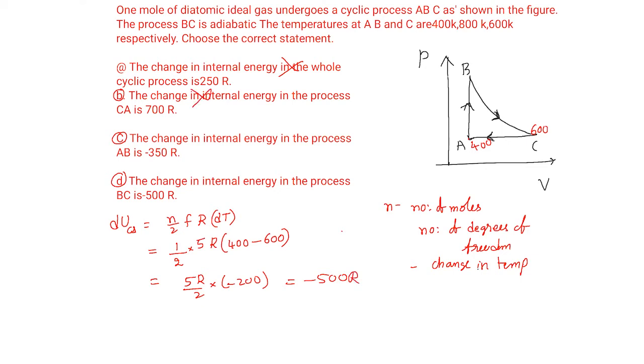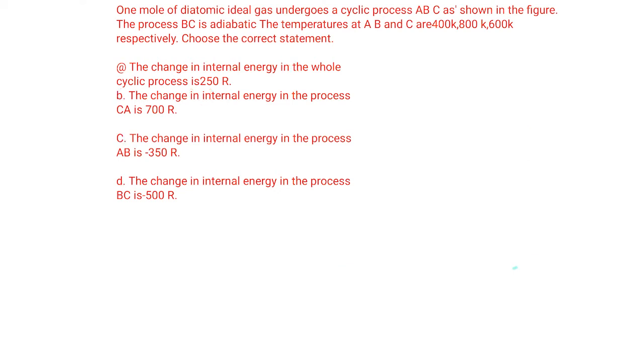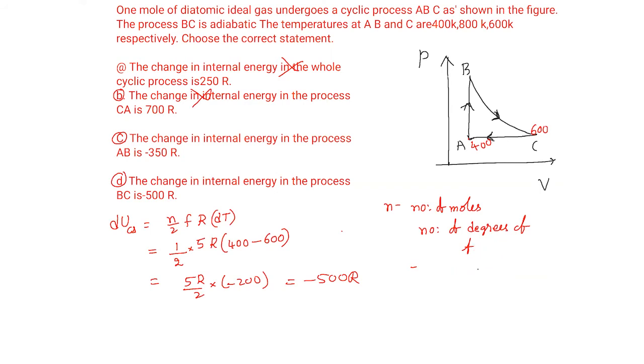The change in the internal energy in the process A to B. What is the temperature here? 800 Kelvin.